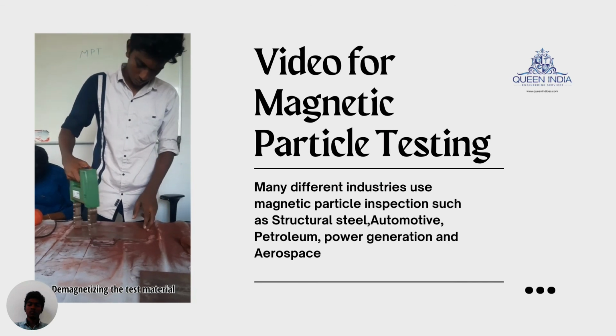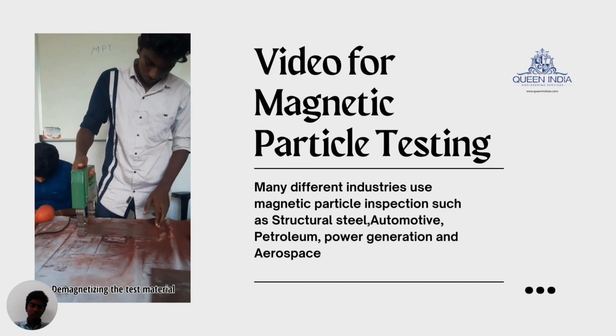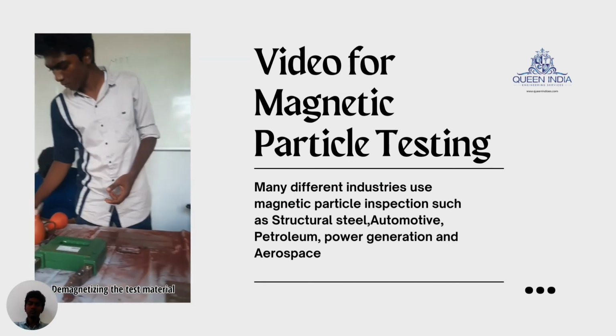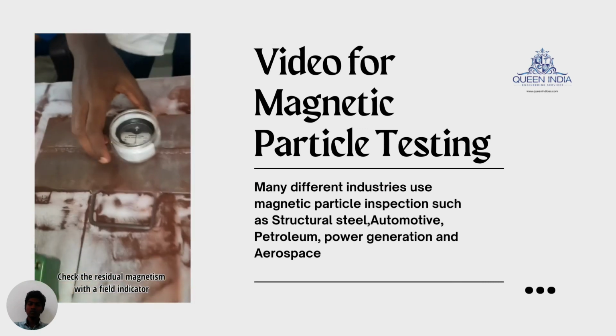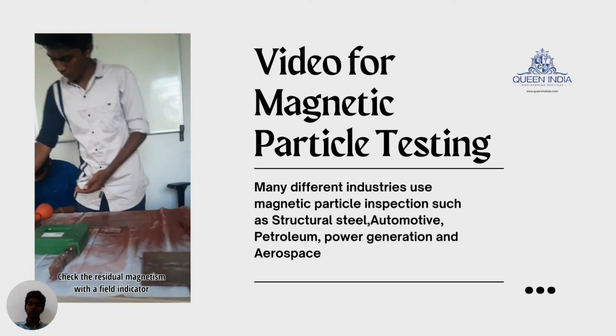It is done by using a gauge meter. This is called a gauge meter. When the gauge meter shows zero deflection, we can confirm that the test material is completely demagnetized.